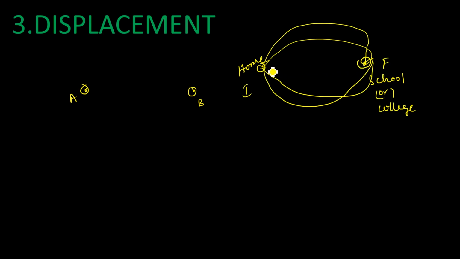The shortest path from initial to final, which has a particular direction also, is called displacement.